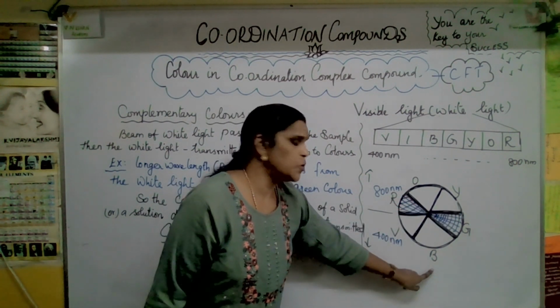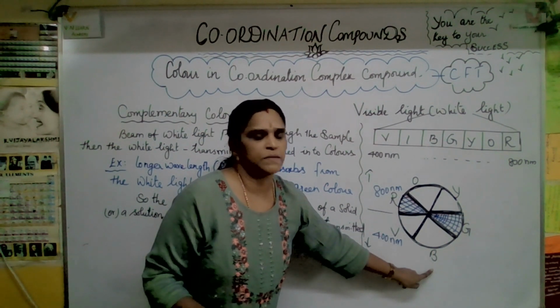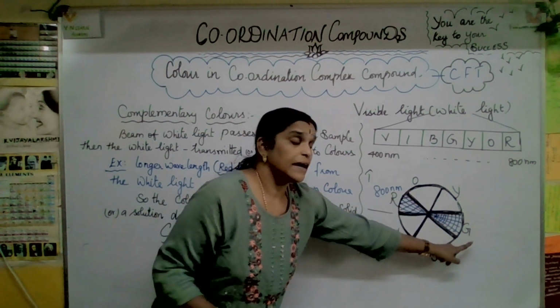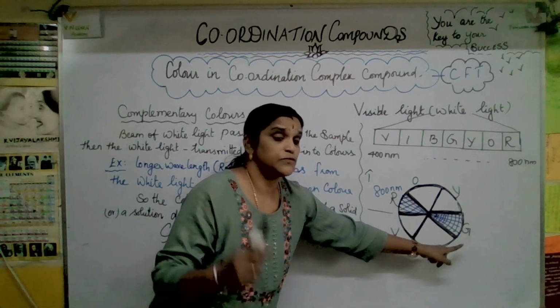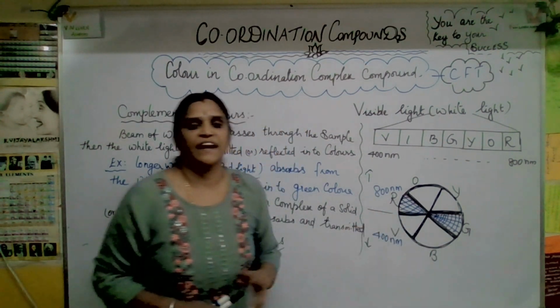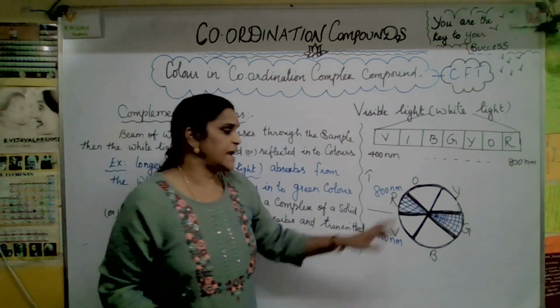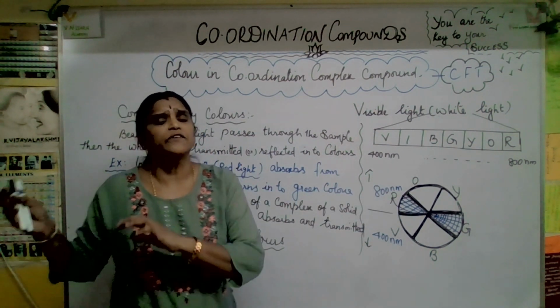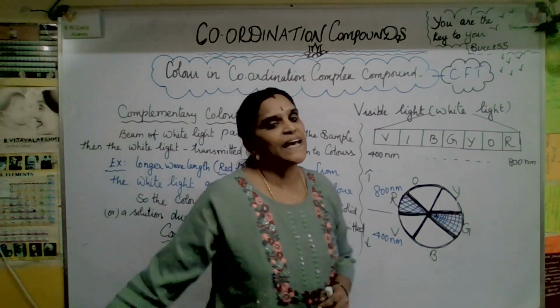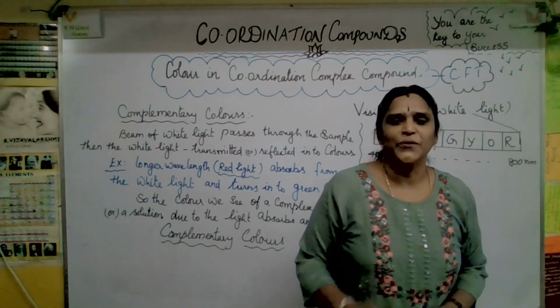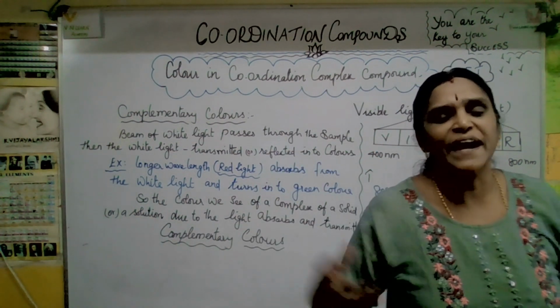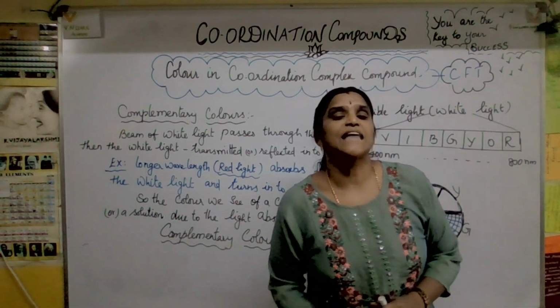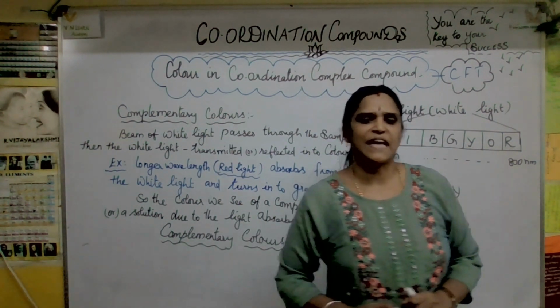In the same way, if it absorbs blue, it shows orange. If it absorbs green from the white light, it shows red. In that way we can identify. I hope this trick will help you to find a number of examples. Yes, let us go for those examples.